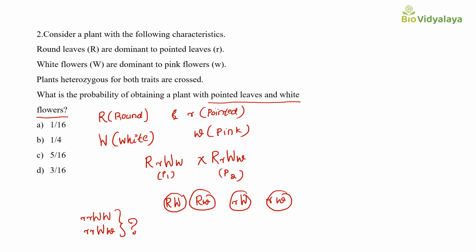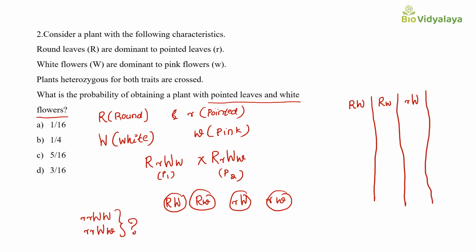Okay. So what is the gamete? Capital R, capital W. Then capital R, small w. Then small r, capital W. Then small r, small w. This is P1 gametes.